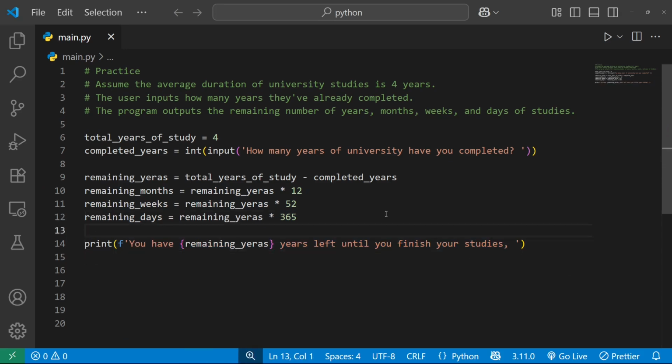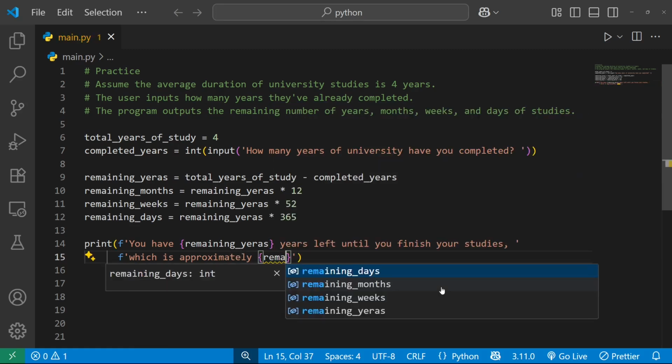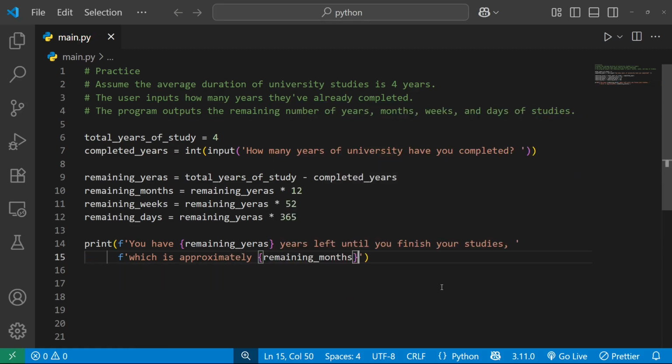So for clarity, I would like to change it and write it like this. I put here enter and write again a new string. Okay, so like which is approximately, here will be remaining months, something like this.